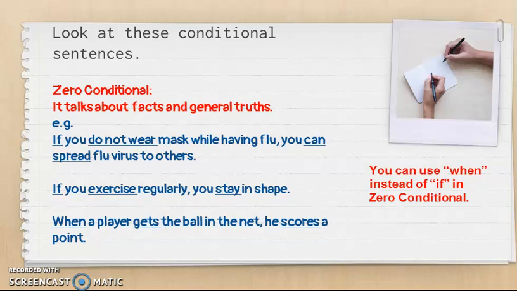Second sentence: when you exercise regularly, you stay in shape. The third sentence, I can change when into if: if a player gets the ball in the net, he scores a point. So, when and if are used interchangeably.